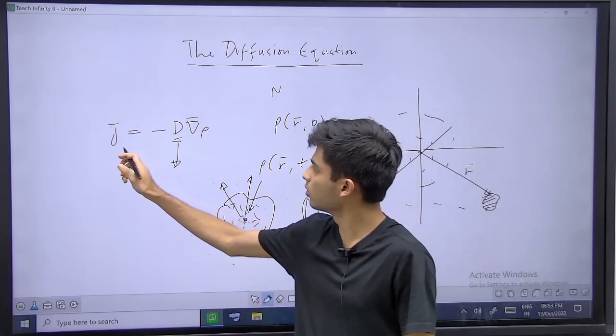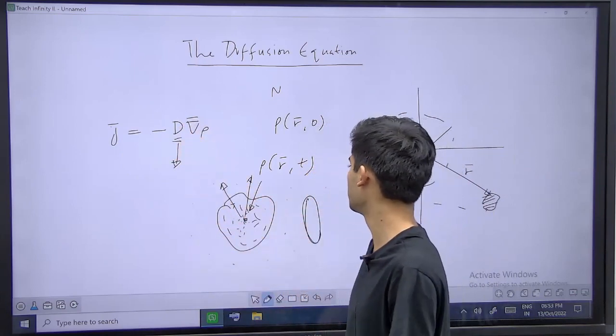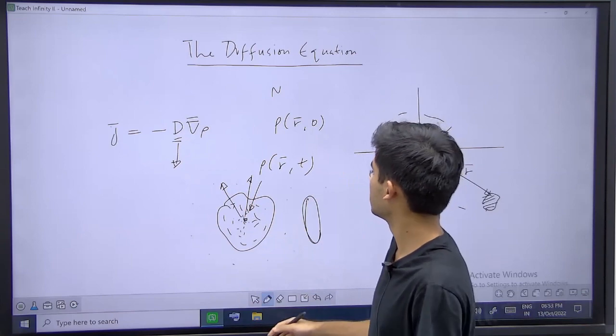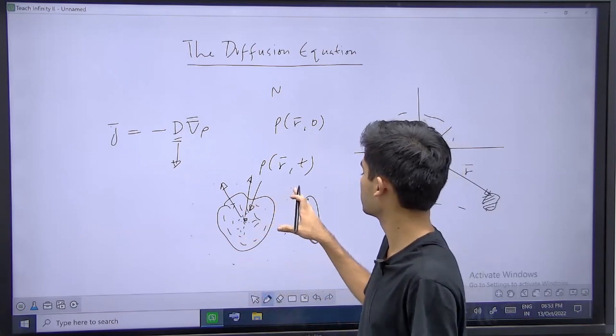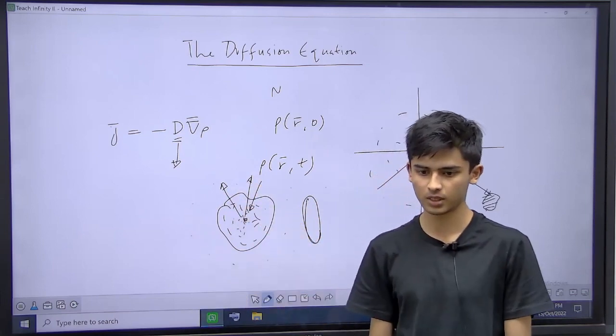But we can add something to this form of J, because in most cases it is not so that particles are free to move as they like, right?